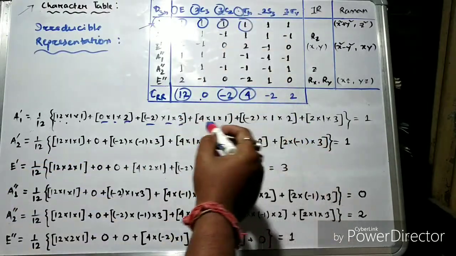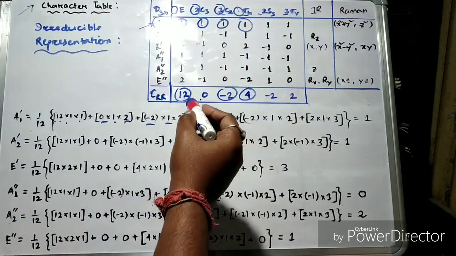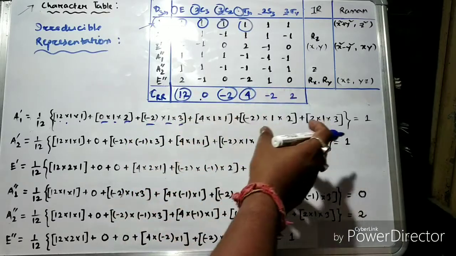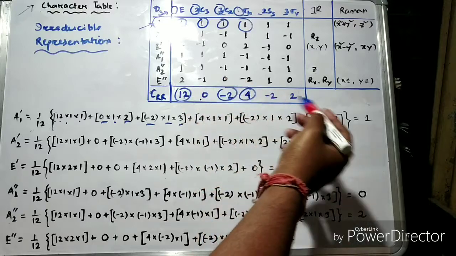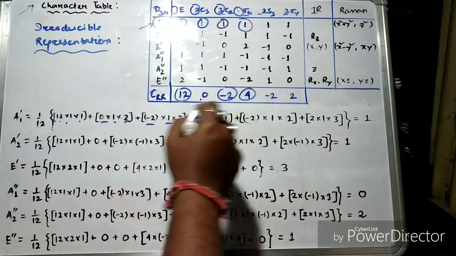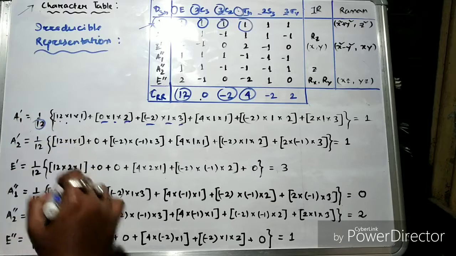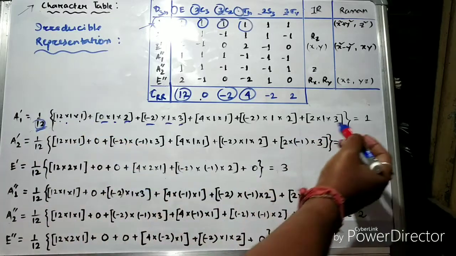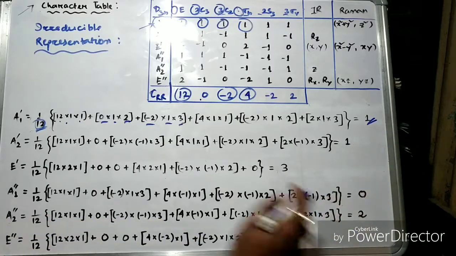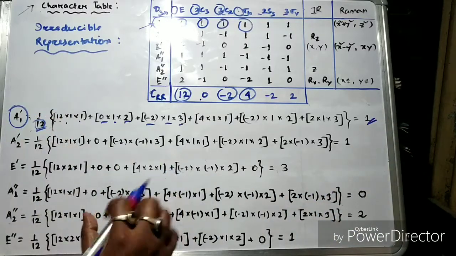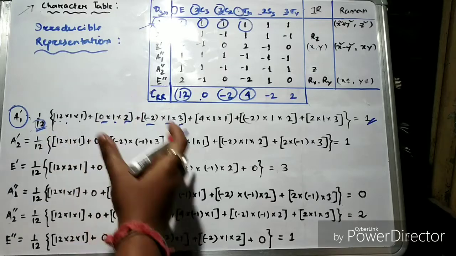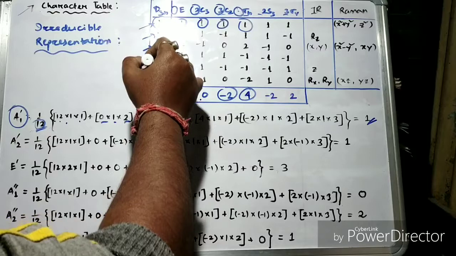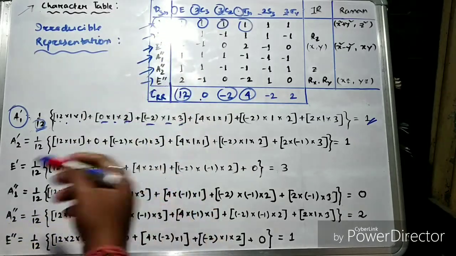In this way we will sum up all the products, and then we will divide the result of this sum by the order, which is 12. Then we will see that it will come out to be 1 for this A1 dash Mulliken symbol. Similarly, we will find out all these Mulliken symbols, all these values in a similar way.